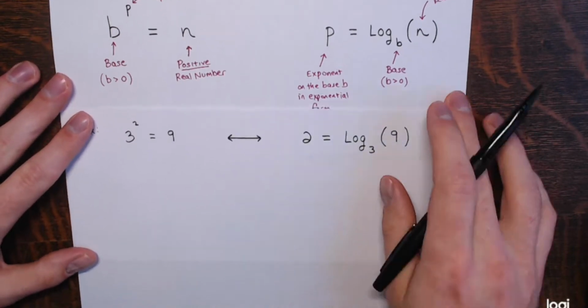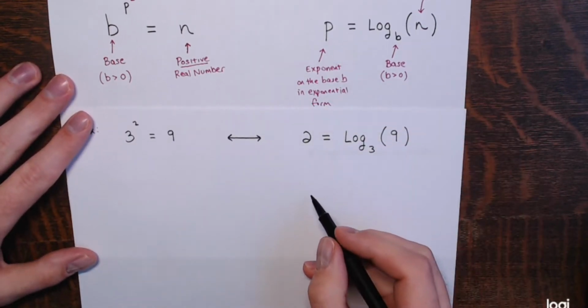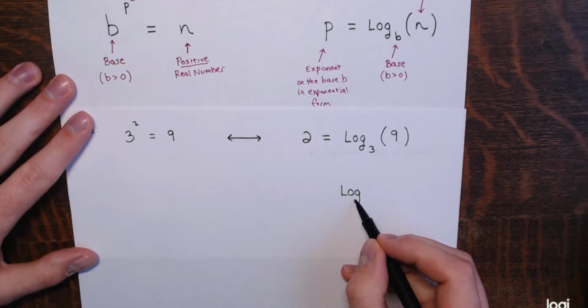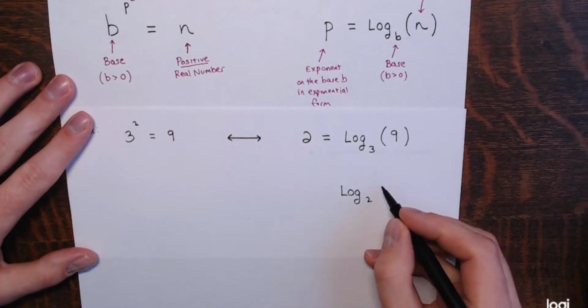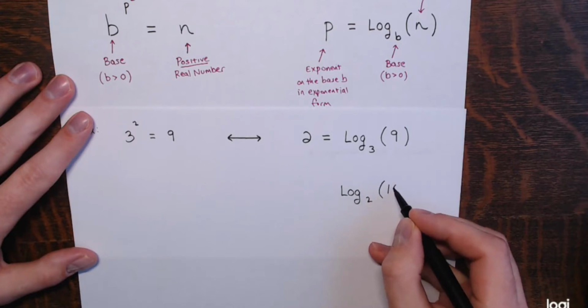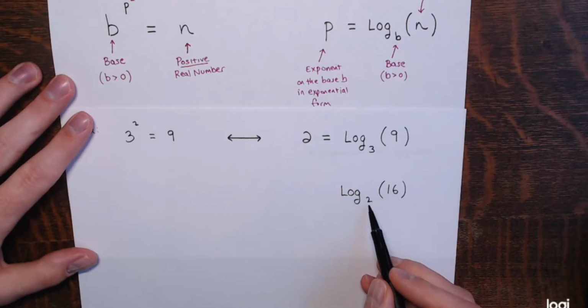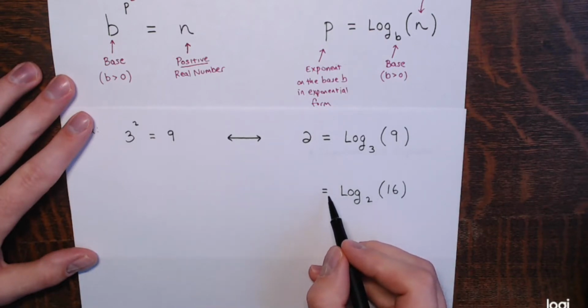Here's another example. Say I asked you, what's the log base 2 of 16? Or the logarithm of 16 base 2. So again, what this is equal to is an exponent.